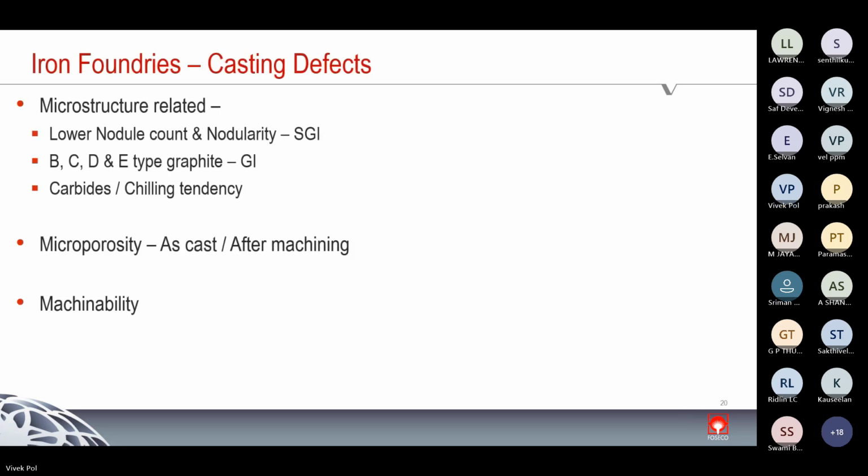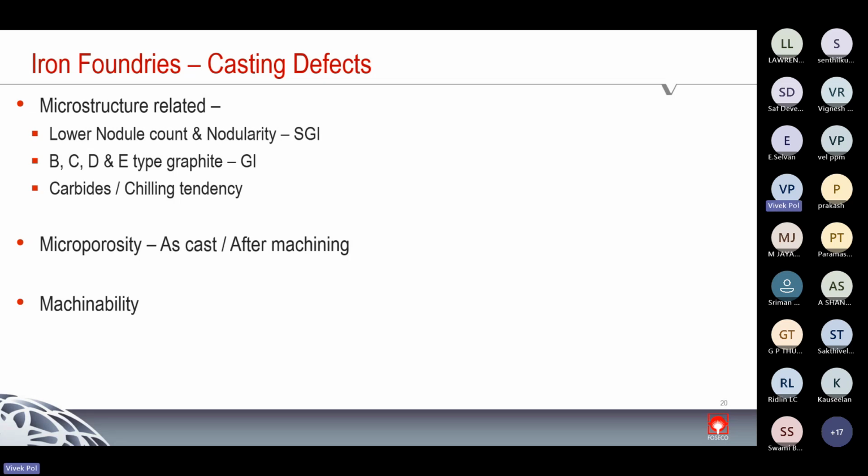Now we can go to iron foundries, and what are the common casting defects we face? It is mostly related to microstructure, microporosity, shrinkage, and machinability. In microstructure for HGRN, lower nodule count or poor nodularity are some common defects.